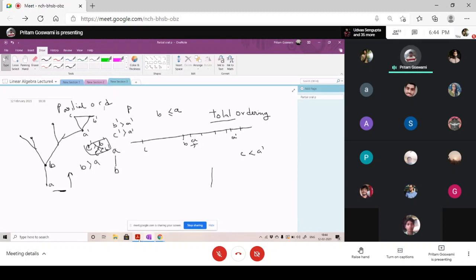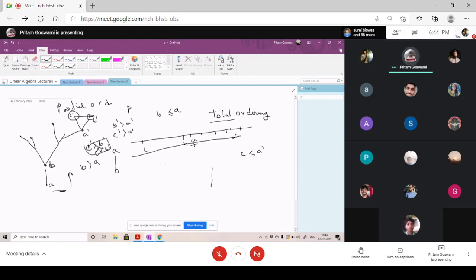But I just want to note that here, you cannot compare B dashed and C dashed. Right? So if you get a total ordering, you can get a maximum element from the set.